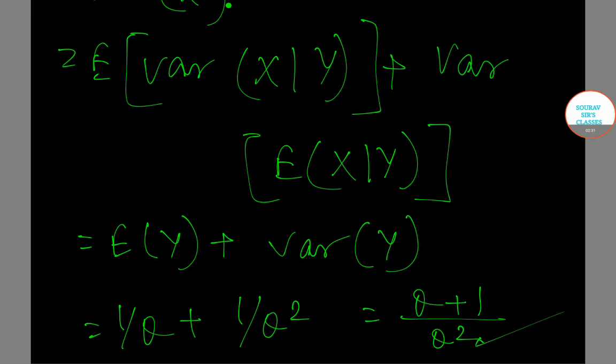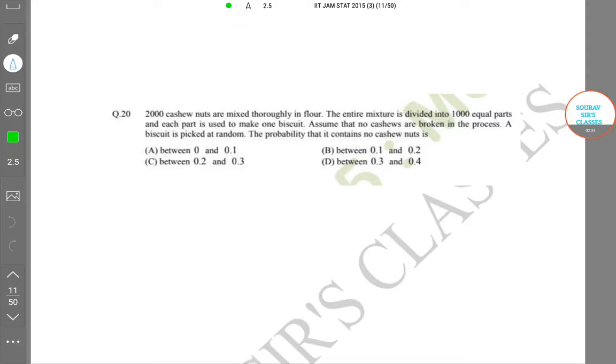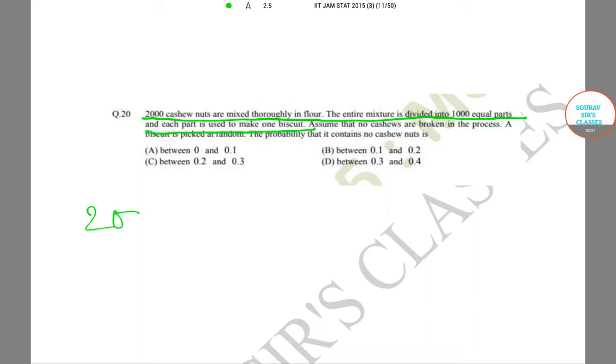Let's move on to the next question, and the next question is question number 20. In question number 20 we can see that 2000 nuts are mixed thoroughly in flour. The entire mixture is divided into 1000 equal parts and each part is used to make one biscuit. So there are 2000 cashews in 1000 parts.